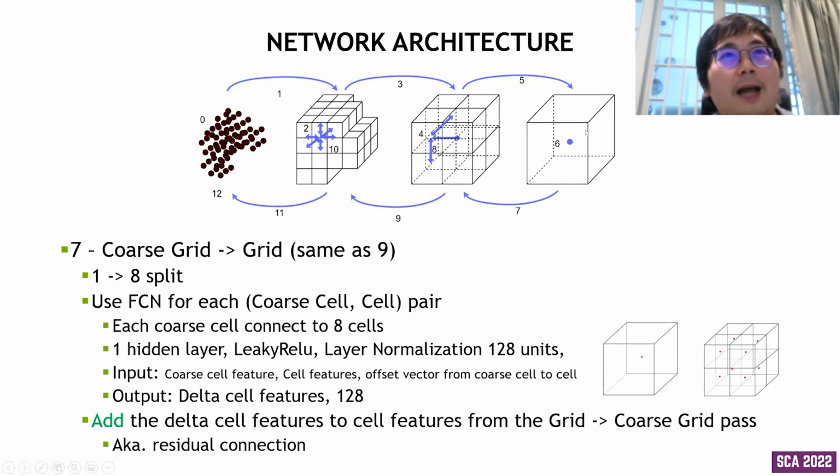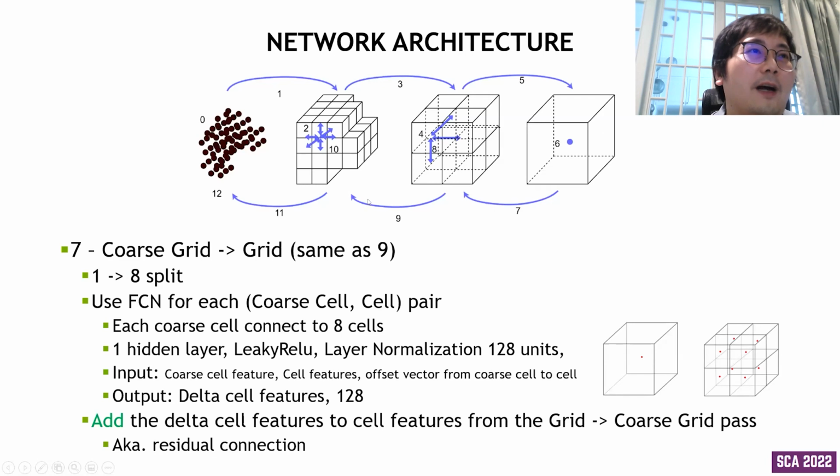Then we go back from the coarse resolution to the phi resolution, again using the fully connected network to compute the feature and then accumulate to the phi grid. We perform this upsampling just like the downsampling from the phi grid to the coarse grid, as a delta update.